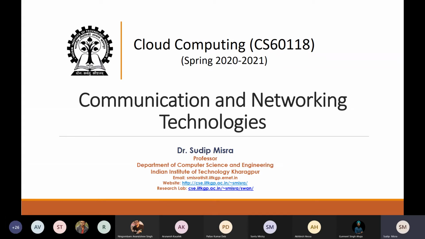So big data and cloud are strongly linked, and they can be advantageous to each other. I think that's more or less what I wanted to tell you about the use of cloud computing for IoT.